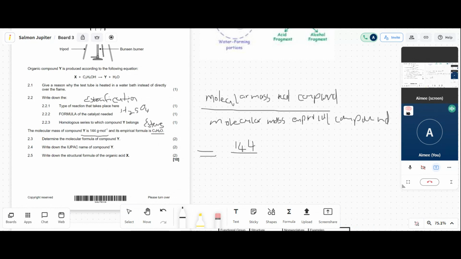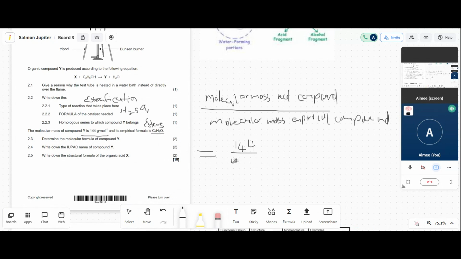For that, you're going to have to go to your periodic table and get your approximate relative atomic masses of carbon, hydrogen, and oxygen and multiply them by the numbers in the empirical formula.